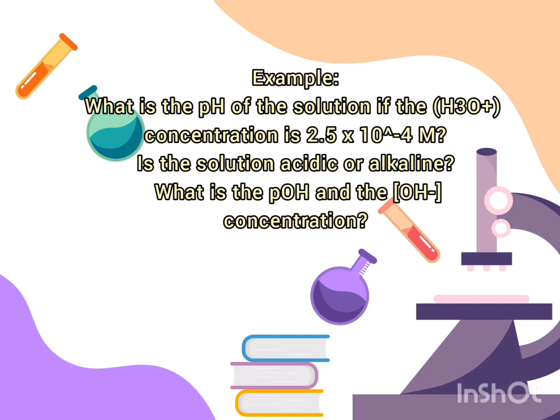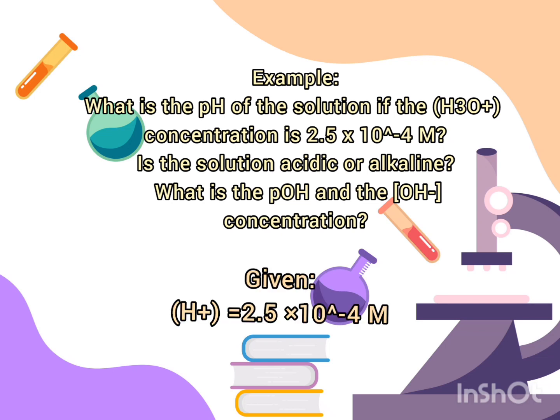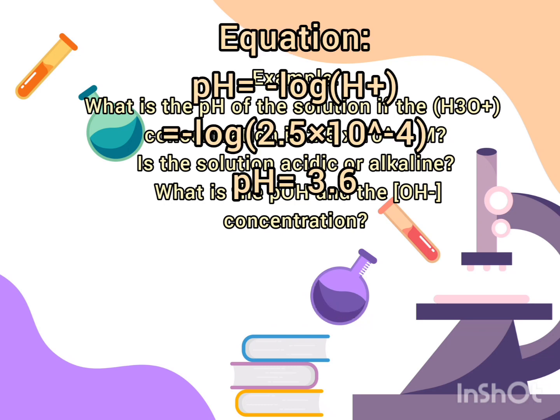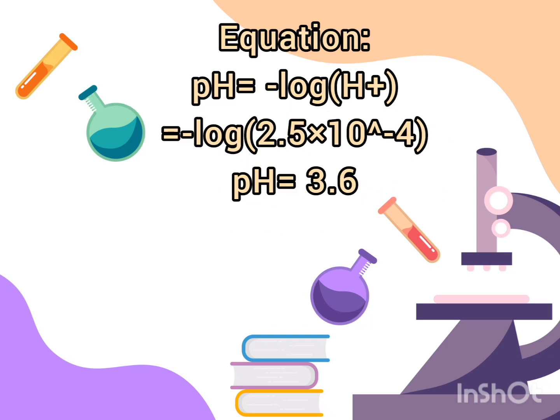Example: what is the pH of the solution if the hydronium ion concentration is 2.5 times 10 to the power of negative 4 M? Is the solution acidic or alkaline? What is the pOH and the hydroxide concentration? Given: hydrogen ion is equal to 2.5 times 10 to the power of negative 4 M. Equation: pH is equal to negative log of the hydrogen ion concentration.